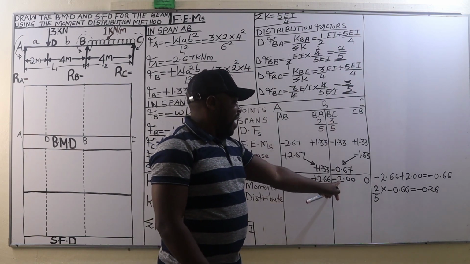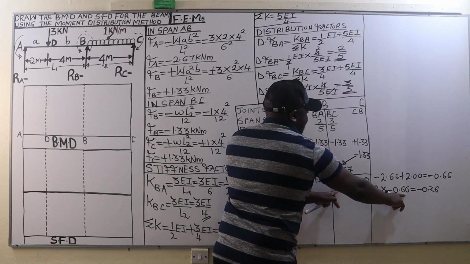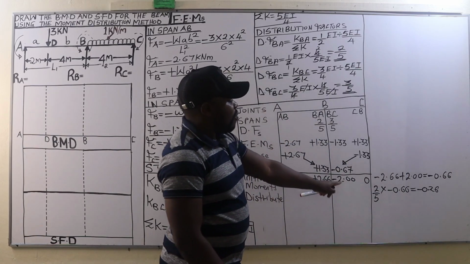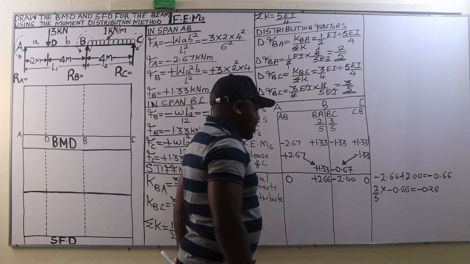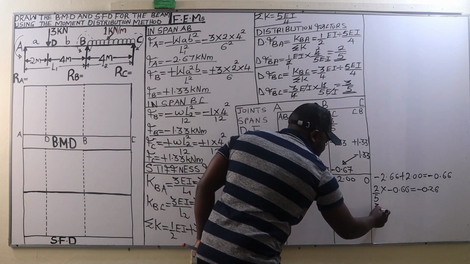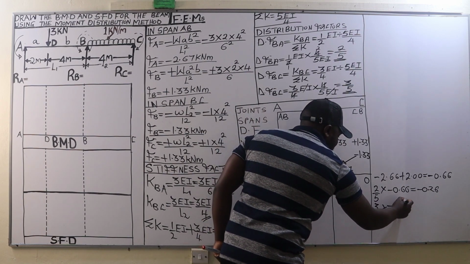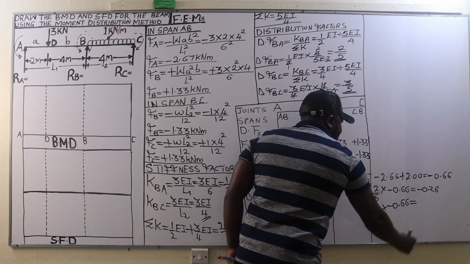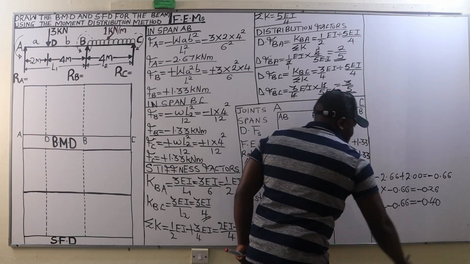Then on the span BC we do the same with its distribution factor: 3 over 5 multiplied by negative 0.66 gives us negative 0.40.